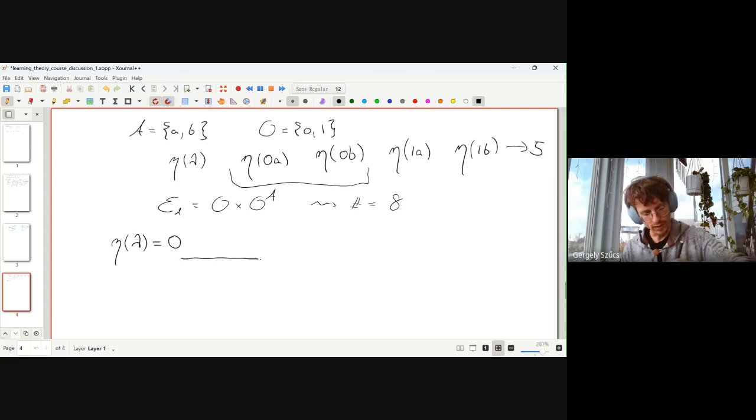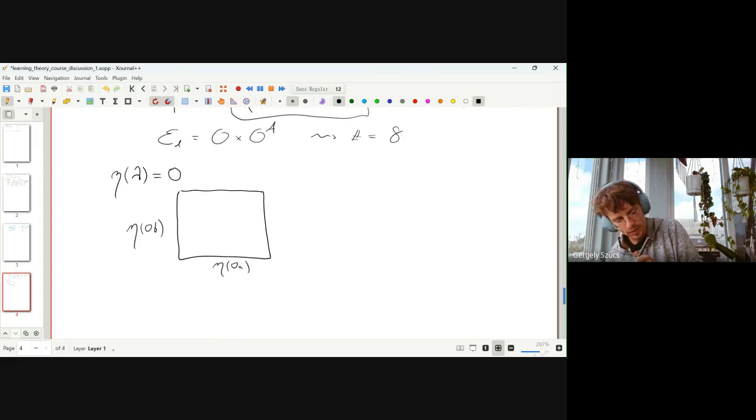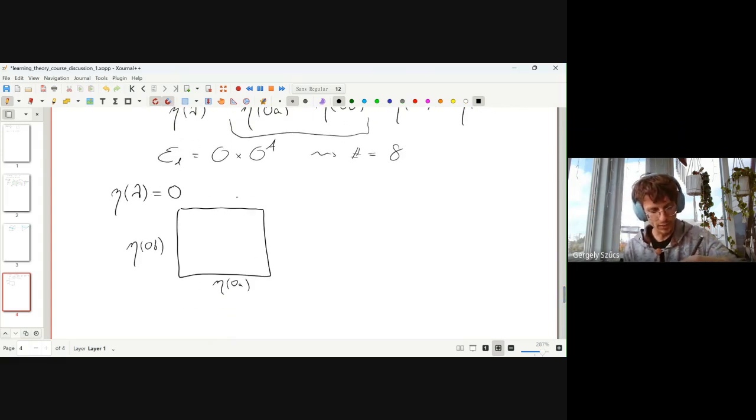So we get a square, where this side is eta 0a and this side is eta 0b. This says: what is the probability of observing 0 versus 1 if the action was A, and what is the probability if the action is B? These two are independent of each other, so we get a square.